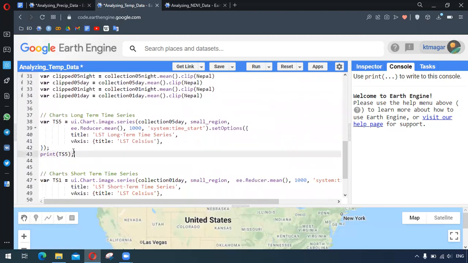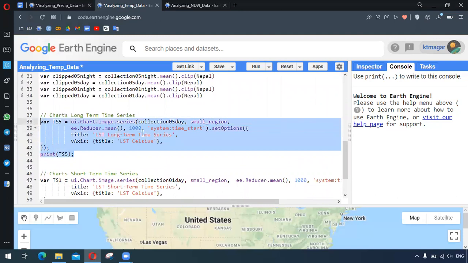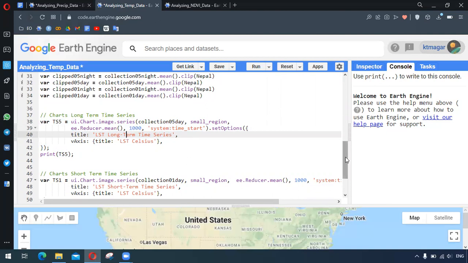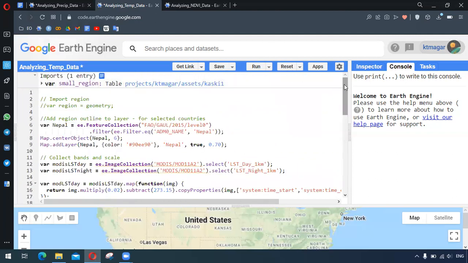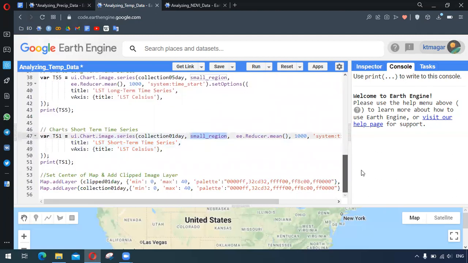We can chart the data by ui.chart.image.series and provide different parameters. This is for the longer range of years. And this second one here is for the short range, that is for a single year. And this has been done for a specific region of interest that has been imported and renamed as small region, and we can add them as layers.